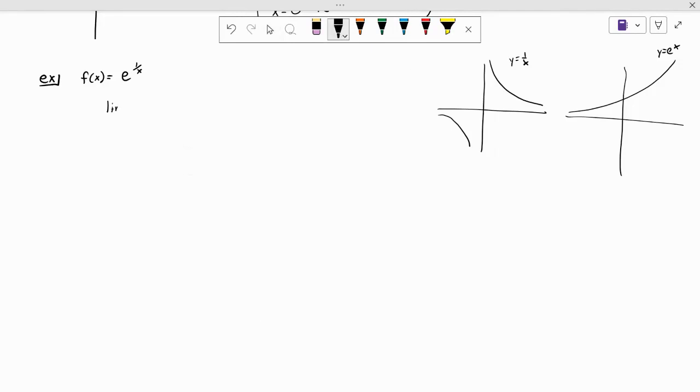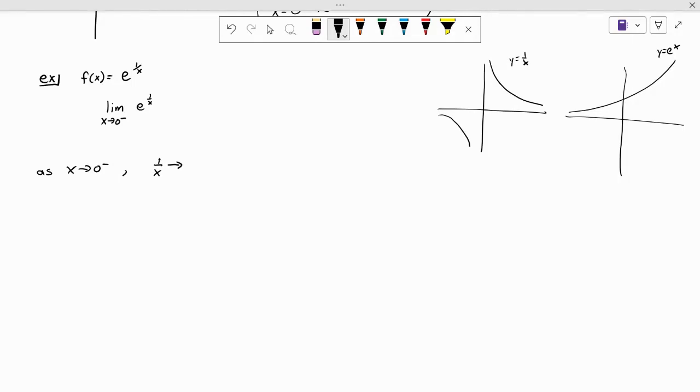So suppose we try to compute the limit as x approaches 0 from the left side of 0. Let's reason this. As x goes to 0 from the left, what can you say about 1 over x?